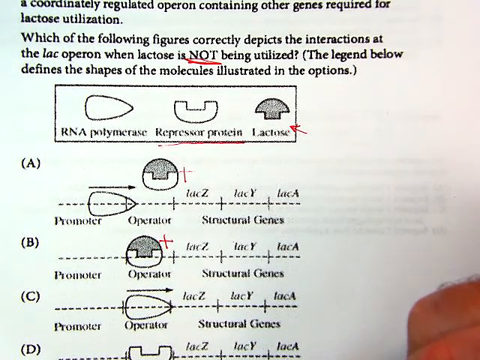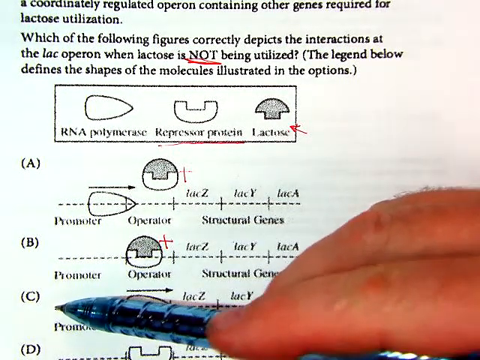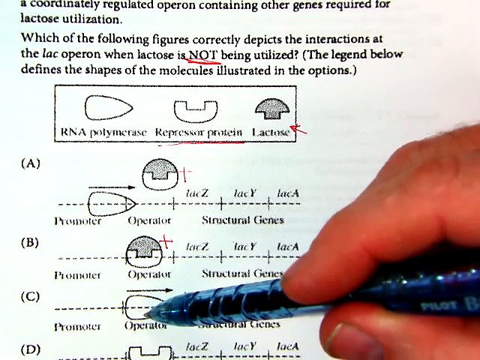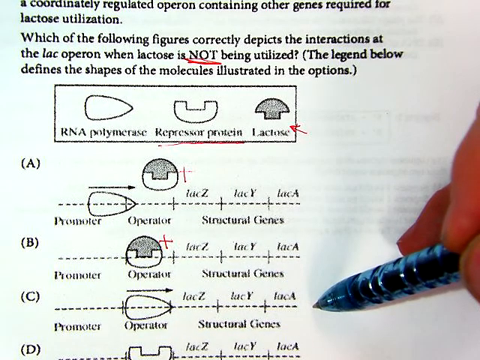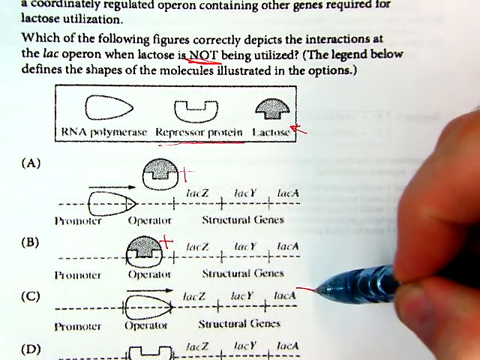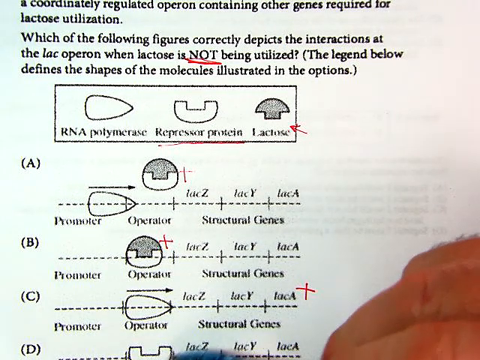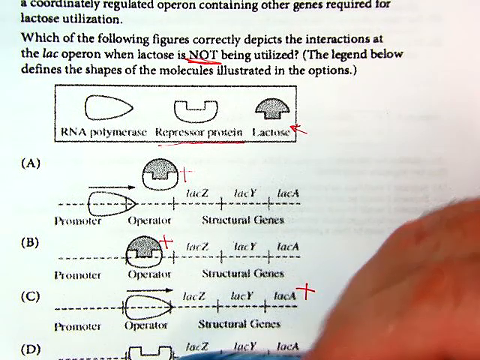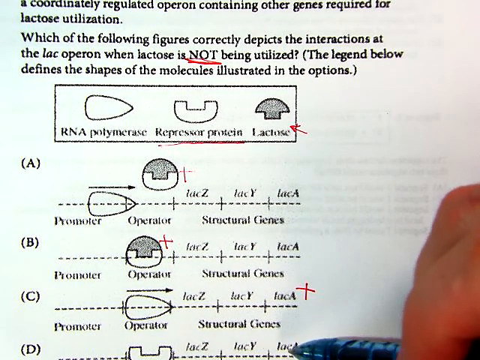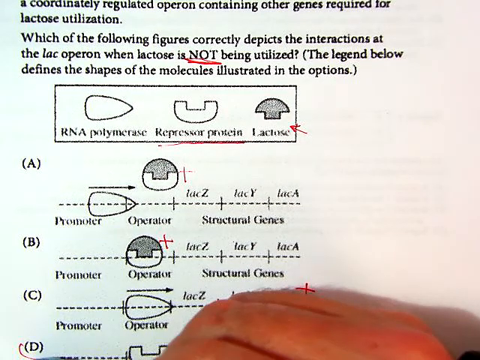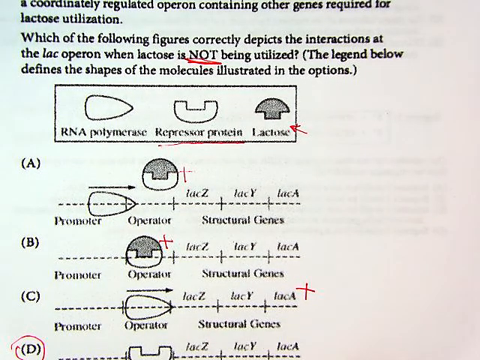That is incorrect. On part C, we have RNA polymerase copying away, but lactose isn't present. So C is incorrect. And on D, the repressor protein is present, no lactose is present, so therefore we can't copy the gene. So D is correct answer.